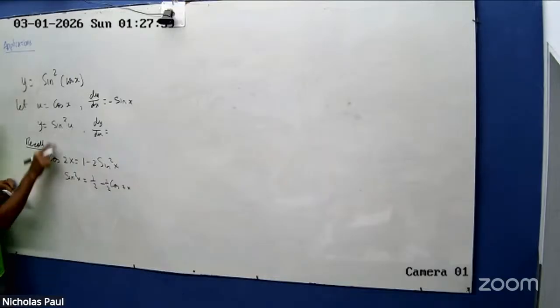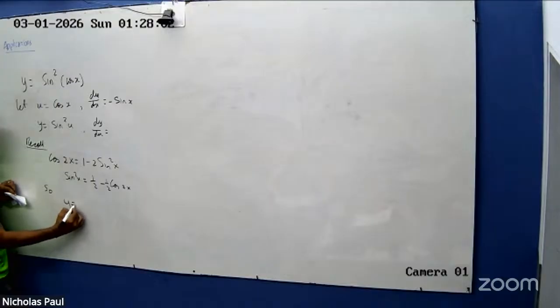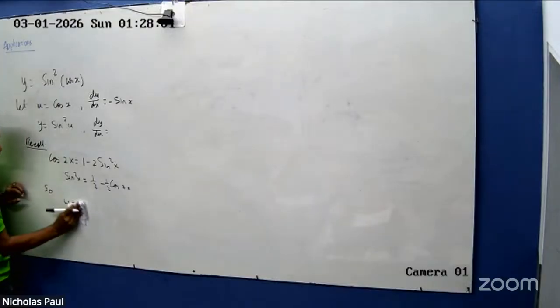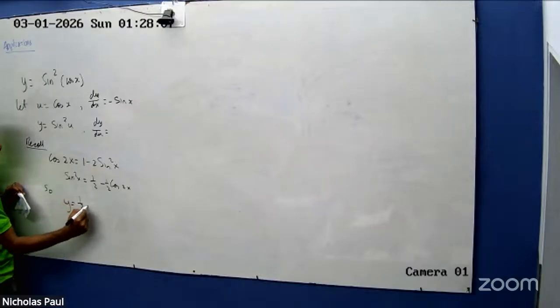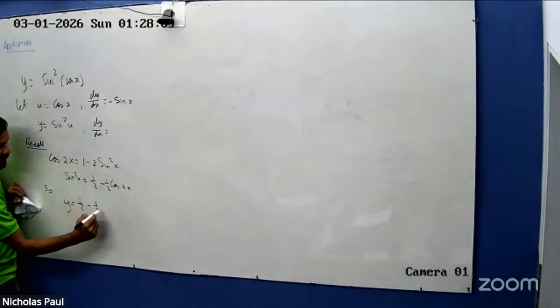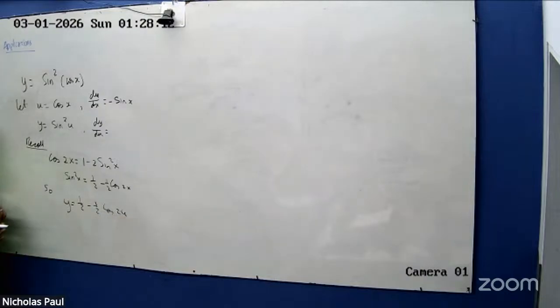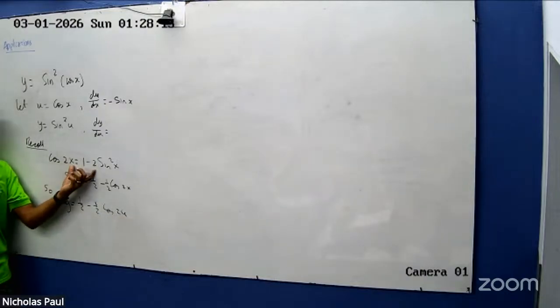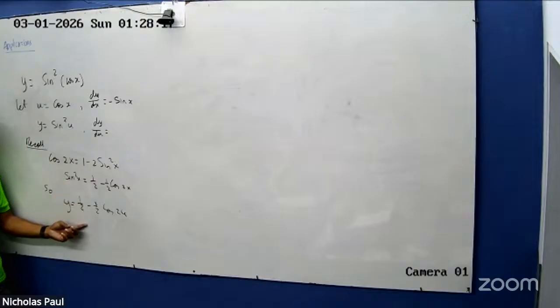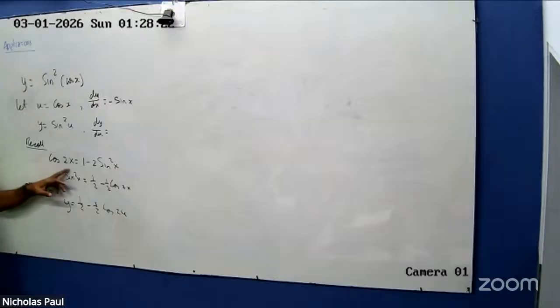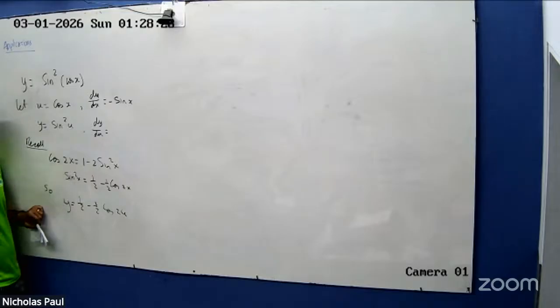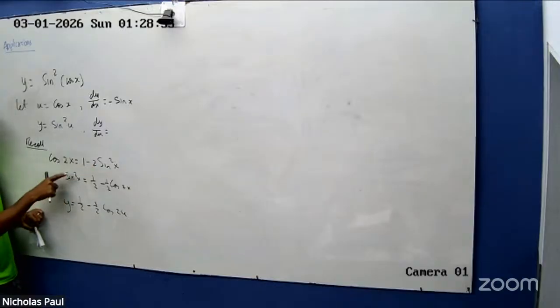So can I replace y with this? y is equal to a half minus a half cos 2u. So I use the identity and rearrange it, and I get this. Remember cos 2x has three identities. Cos 2x is 1 minus 2 sine squared x. Take it back and make sure.